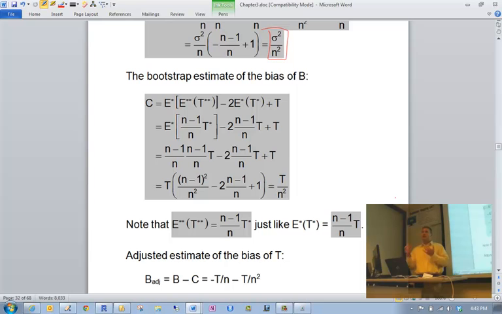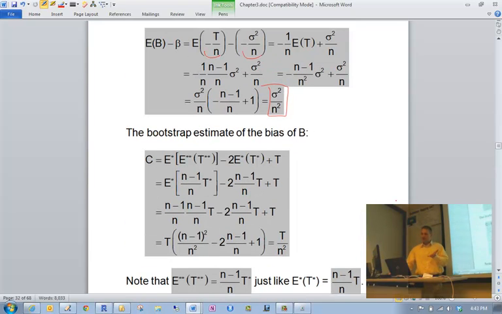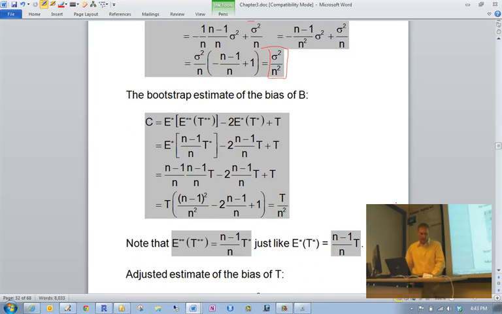Well, how would then the Bootstrap estimate the bias of B? Well, here's how it goes. So this is using then the expression that's on page 329. We take C to be the expected value star star of T star star, minus 2 times expected value star of T star plus T. Okay.